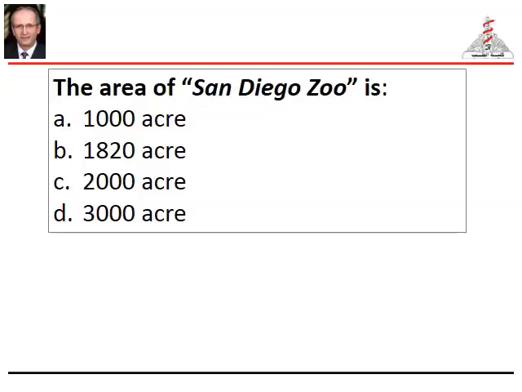Question number 2. The area of San Diego Zoo is 1,000 acres, 1,820 acres, 2,000 acres, 3,000 acres.